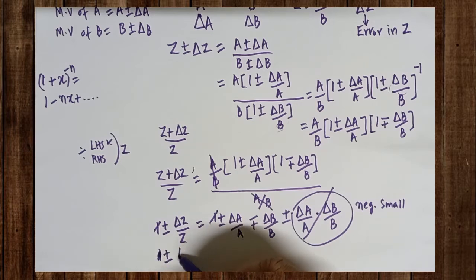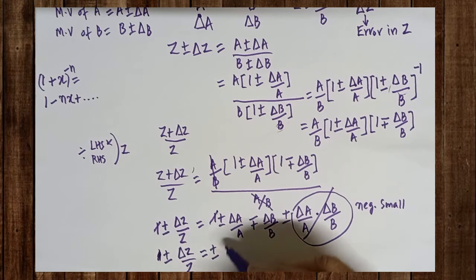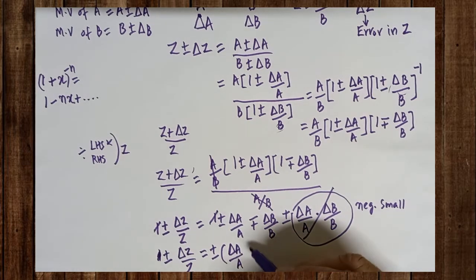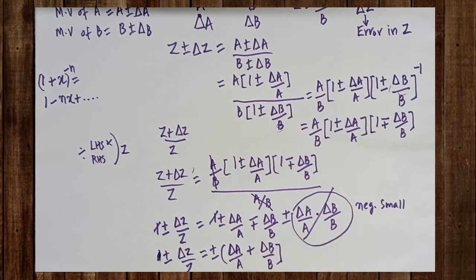Plus or minus del Z divided by Z can be written, and then the remaining factors are equal to plus or minus del a divided by a plus del b divided by b. So in that format we can write.